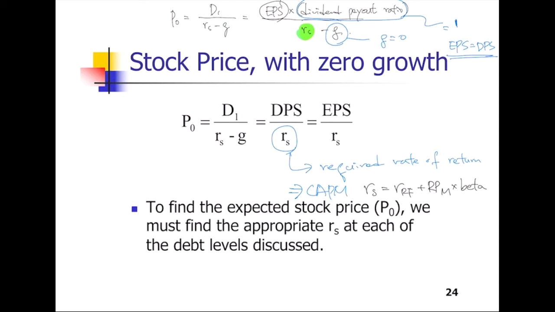I rewrite the equation. To calculate the required rate of return on stock, we should know the beta, right?